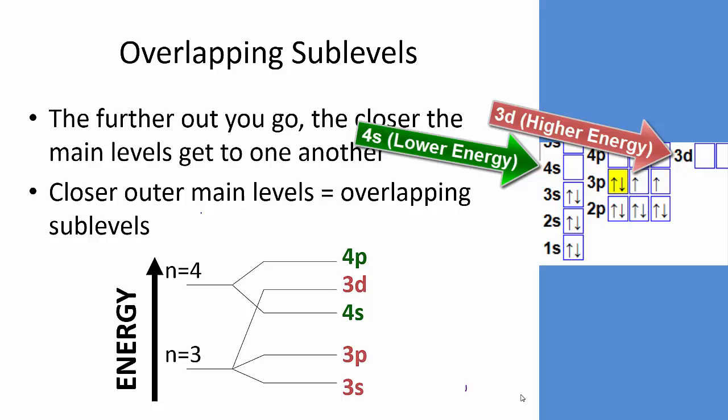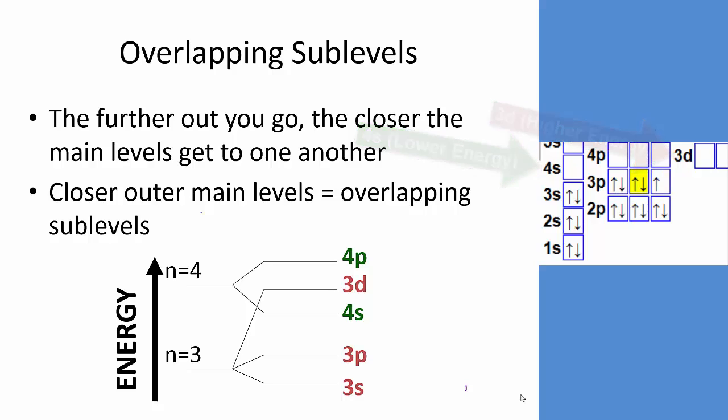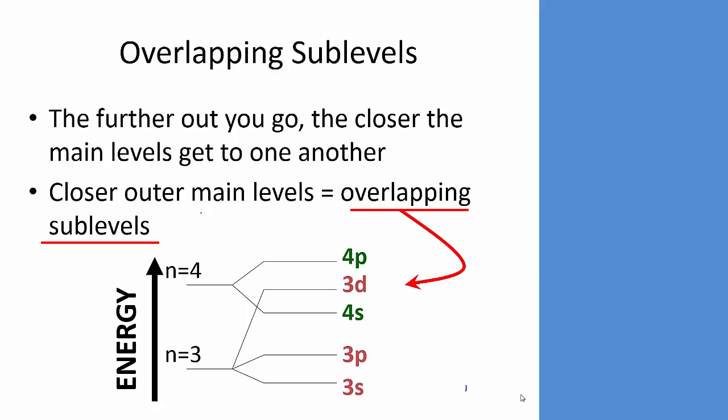And so consequently, according to the Aufbau principle, after 3p is filled, the 4s would be the next orbital that would be filled in, followed then by the 3d. And so we get this overlapping that occurs. And the further out we move from the nucleus, the more often this overlap is going to occur.